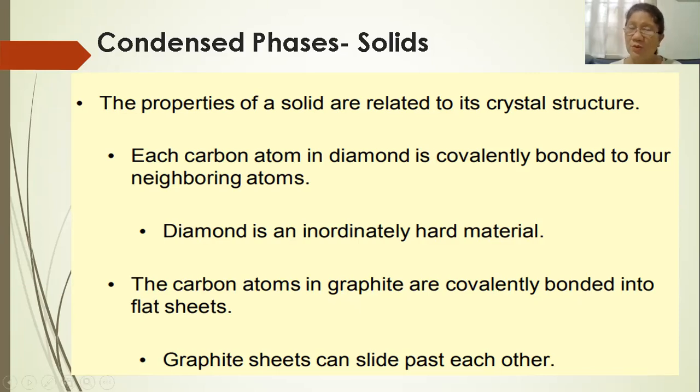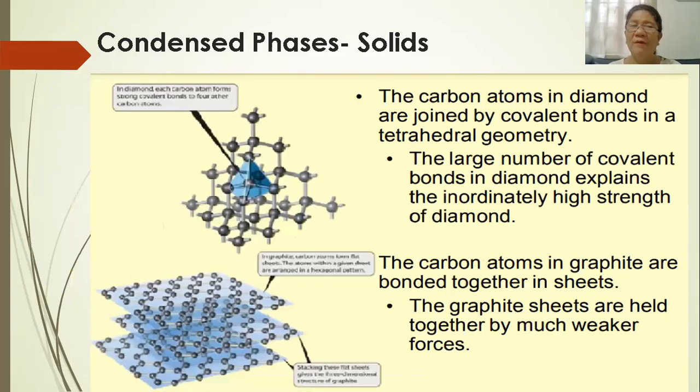That makes diamond hard. How about for graphite? It is also covalently bonded, but not to 4 neighboring atoms, rather covalently bonded into flat sheets. That is why graphite could easily slide over each other. Graphite is not really that strong compared with diamond.